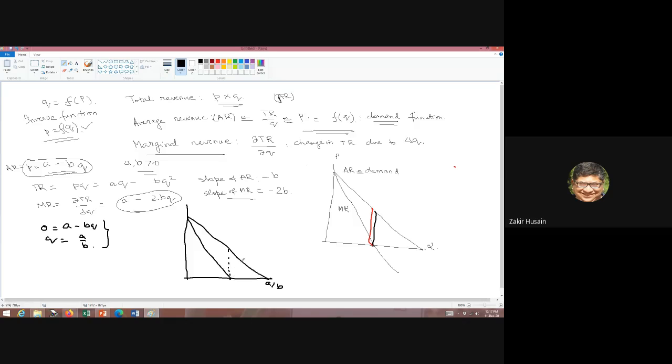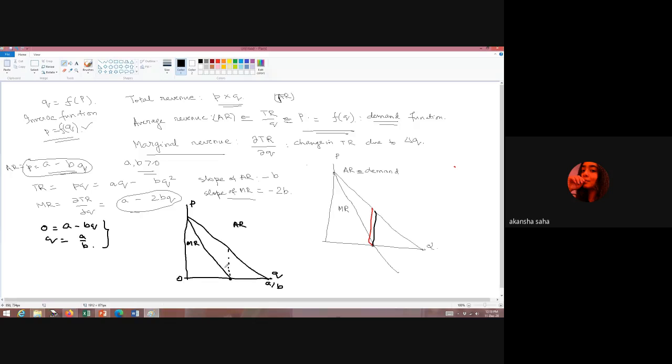What is this point, where the marginal revenue touches the quantity axis? What are the coordinates of this point? P is 0, but what is Q at this point?